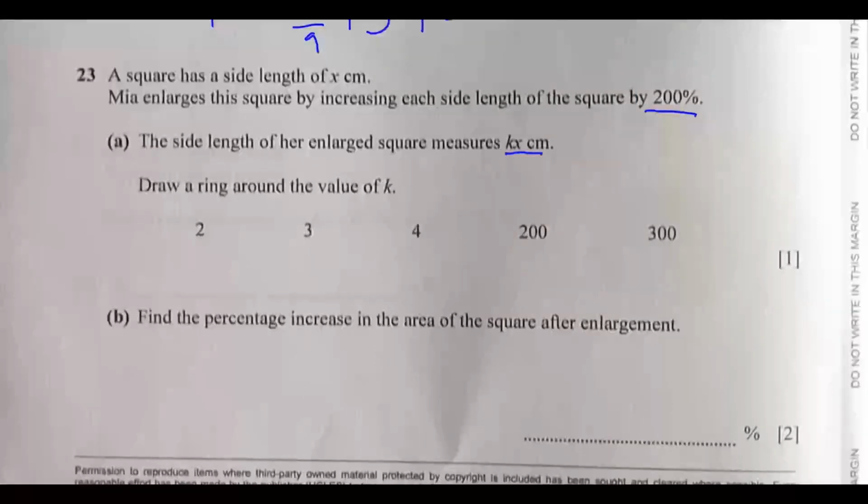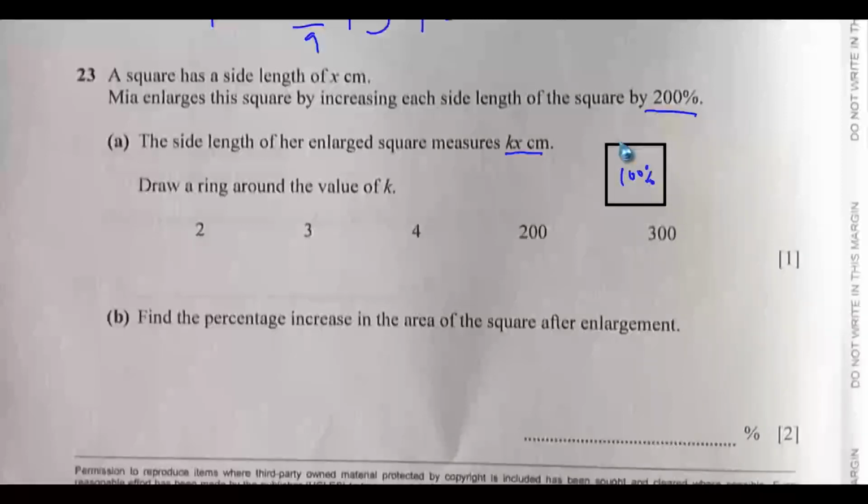So what we need to do is to draw a square, as it makes the solution easier. So let's draw a square here. This is a square, for instance. Currently the square is at 100%.